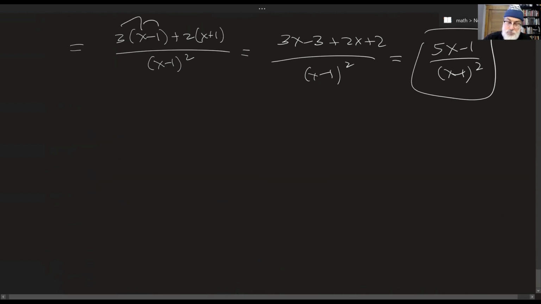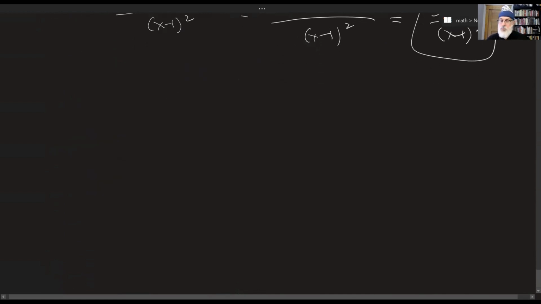Now, I'm going to write down a really ugly looking thing. So x squared plus 7x plus 12 divided by x squared plus x minus 6.